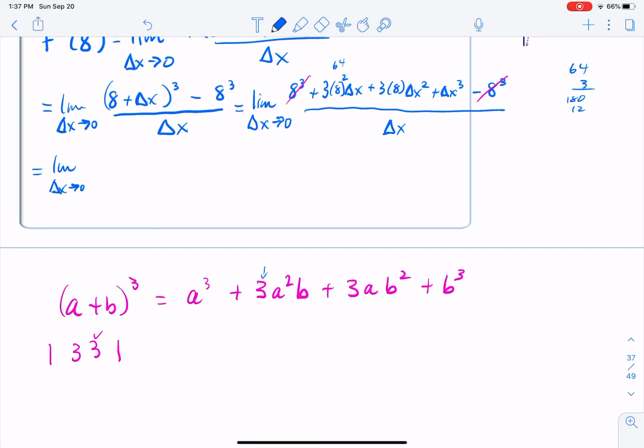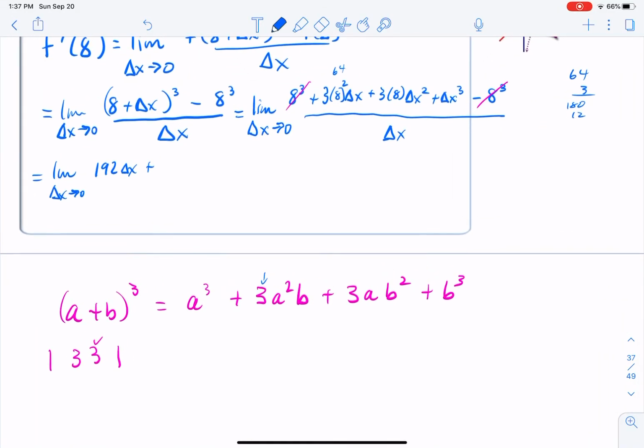I've got 192 of these delta x's plus, let's see, 24, just 24 whole little delta x's squared. And lastly, just a delta x to the third power all over delta x.